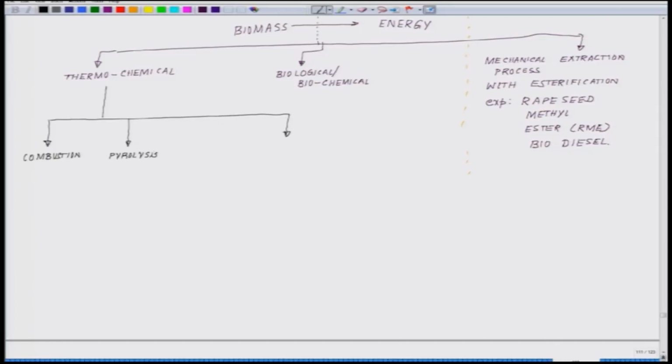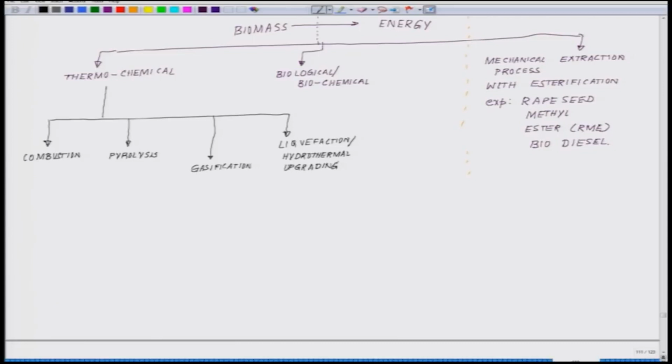We will come soon onto that. Third one is gasification. And the fourth one is liquefaction, also termed as hydrothermal upgrading.